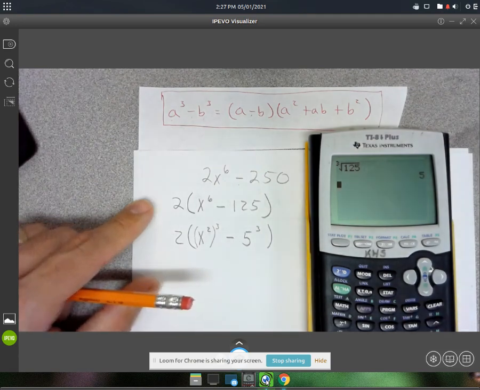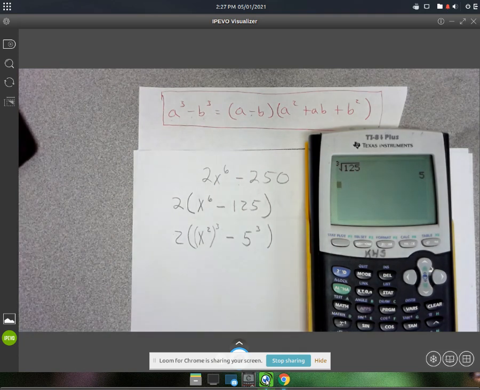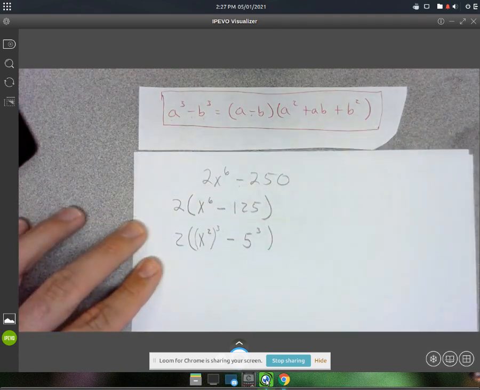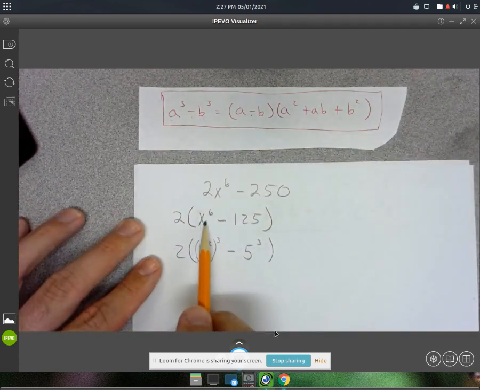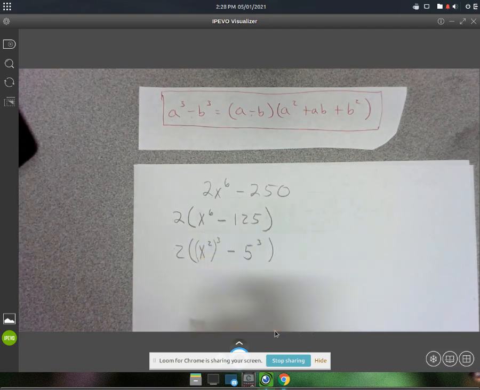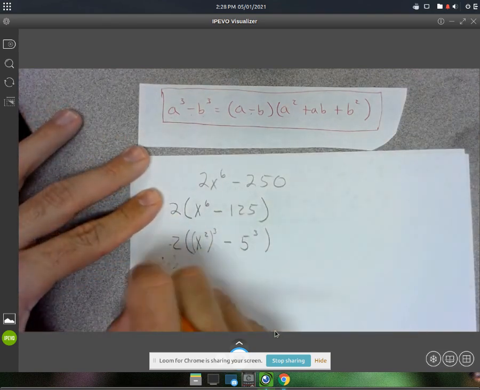And that gives me a 5 there. Awesome. You're looking for some number that when you multiply it by itself three times, you get 125. Or for this one, you multiply x squared times itself 3 times, and that gave me x to the 6th. That's what we're trying to find.